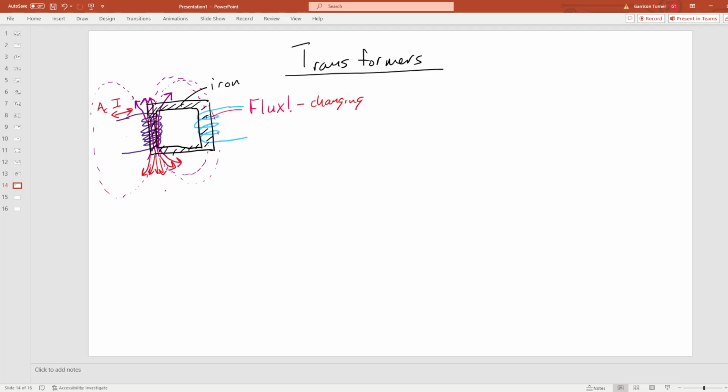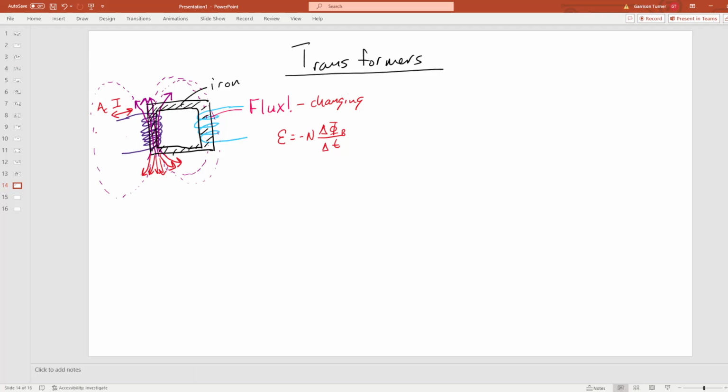Okay? So it's just constantly flipping back and forth between these two, so that flux is changing through the secondary coil. And so you get an EMF from Faraday's law. Okay? So that induces a voltage in your secondary coil.